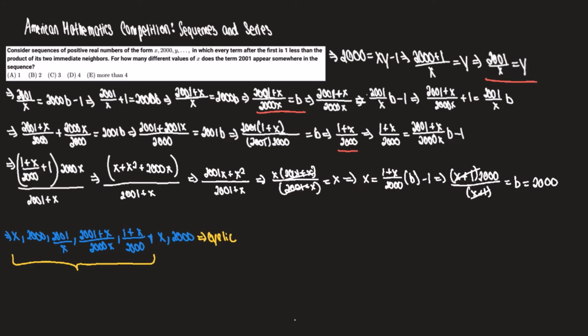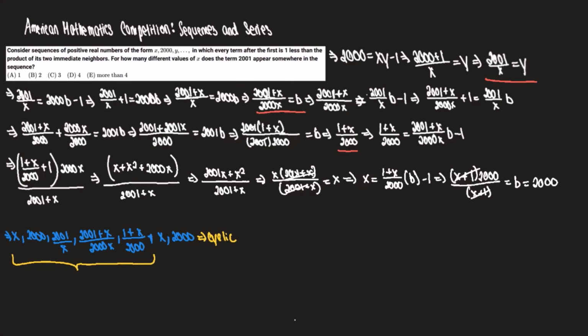What we can do is set all of the ones that contain x equal to 2001, and if we solve for x, and x's are positive and different, then that term contains 2001.